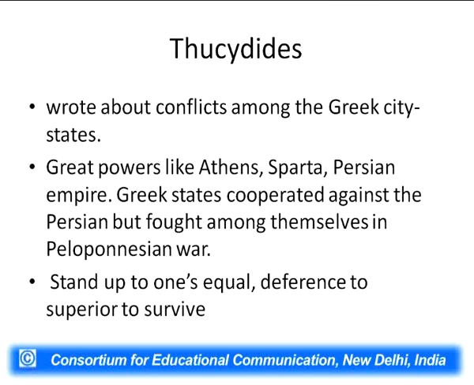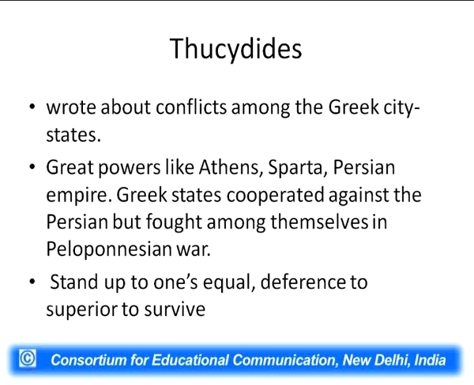The Greek states formed a Peloponnesian alliance against the Persian Empire. But as soon as they emerged victorious in that war, the alliance collapsed, and they started fighting among themselves. Athens was a very powerful state.